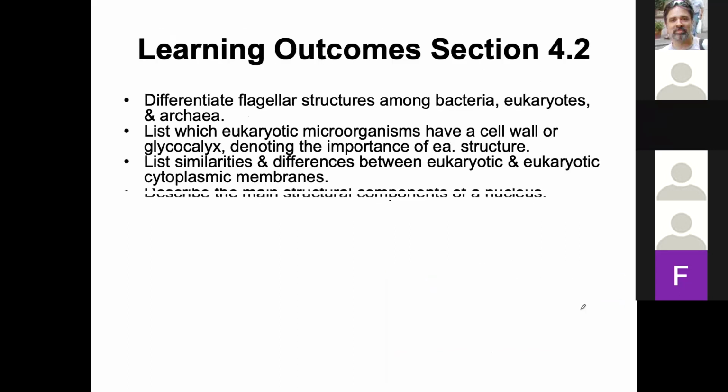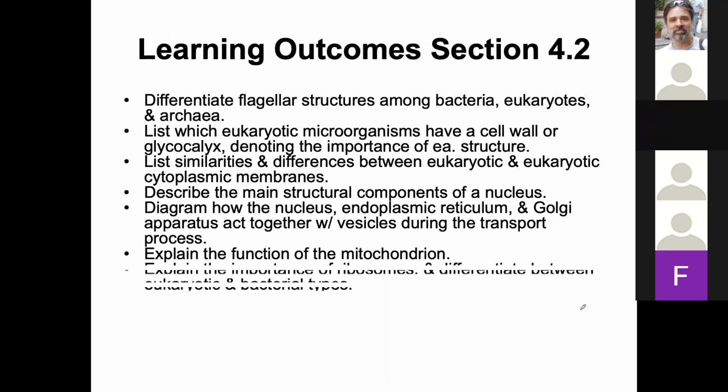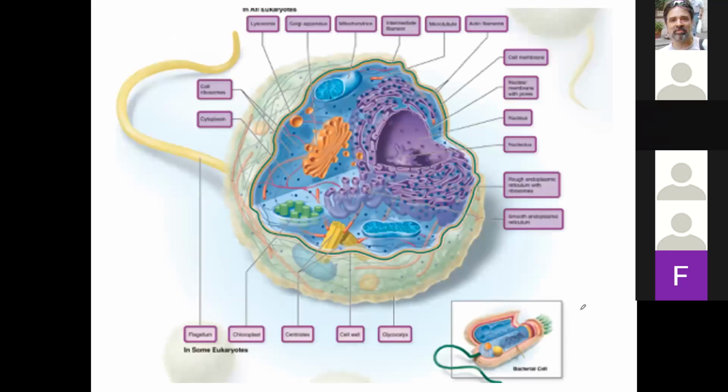So we're going to talk about the eukaryotic cell, the ins and outs. You can see an example of the eukaryotic cell here, and we're going to go into what each part does. You've got the glycocalyx. You may or may not have a cell wall, depending on which kind of eukaryote we're talking about.